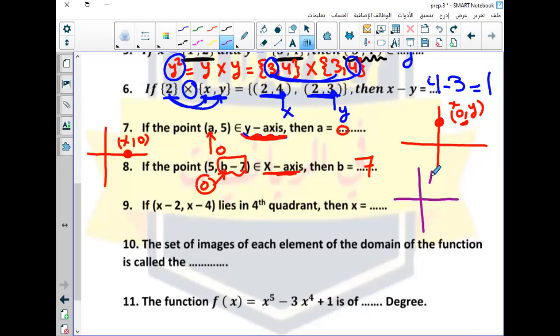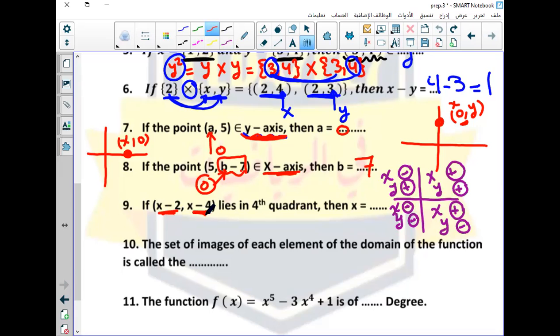The first quadrant: x positive and y positive. Second: x negative and y positive. Third: x negative and y negative. In the fourth: x positive and y negative. Then the answer, x minus 2 and x minus 4.